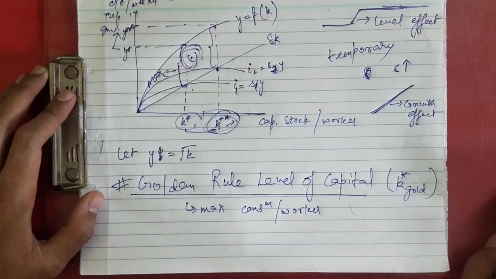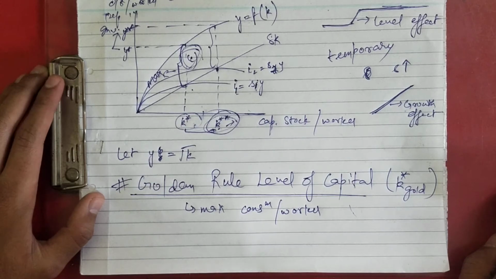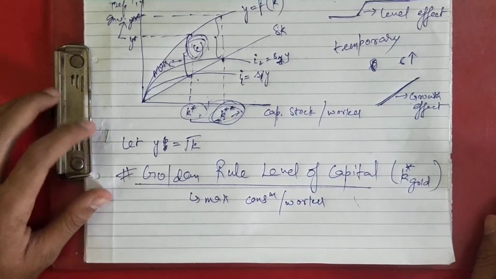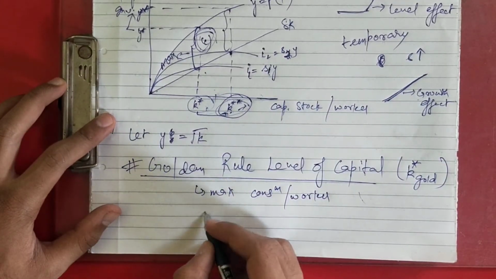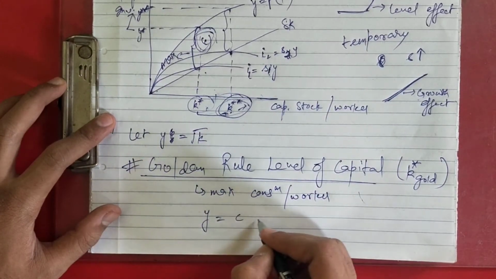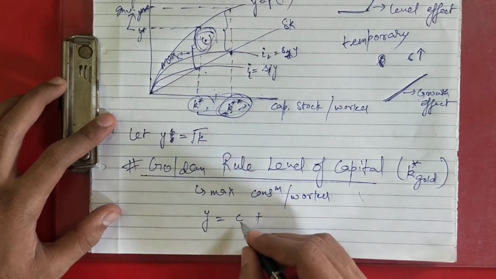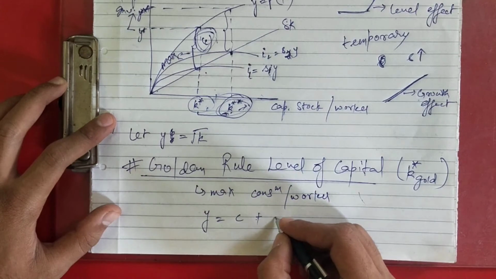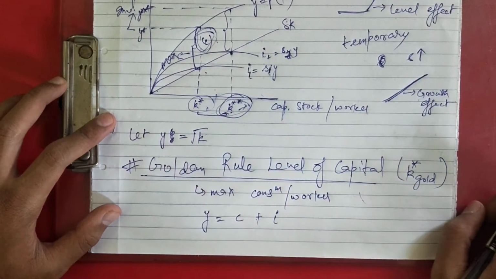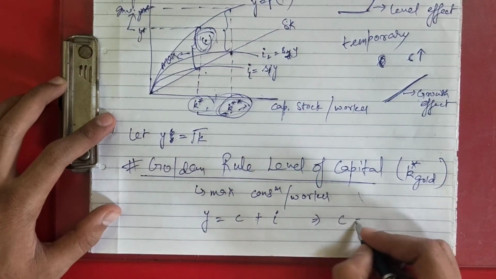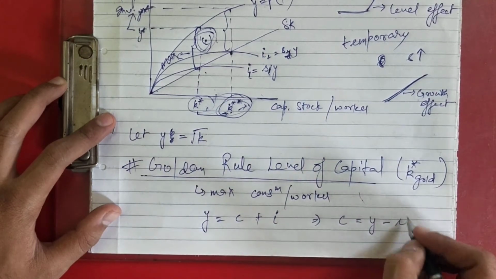So to find steady state consumption per worker, we will use our national income accounting. You know that income per worker is divided between consumption per worker and investment per worker. So I can write consumption c is equal to y minus small i.